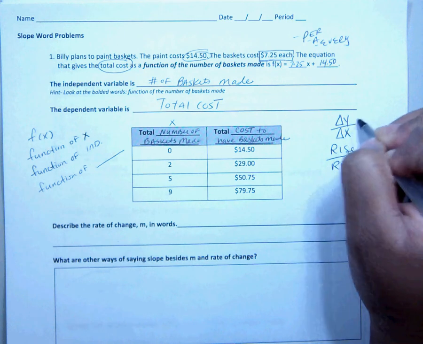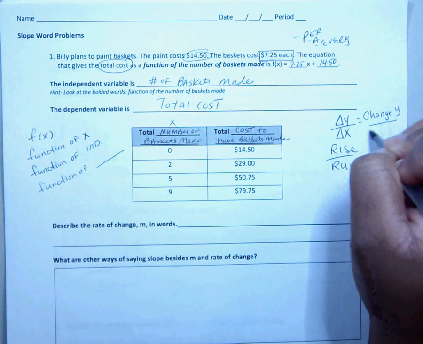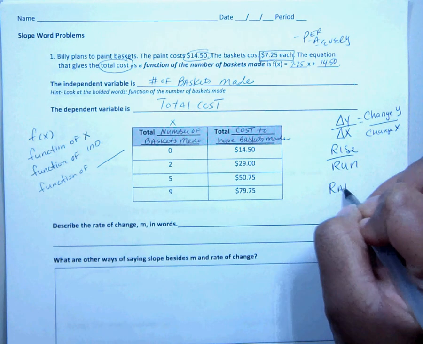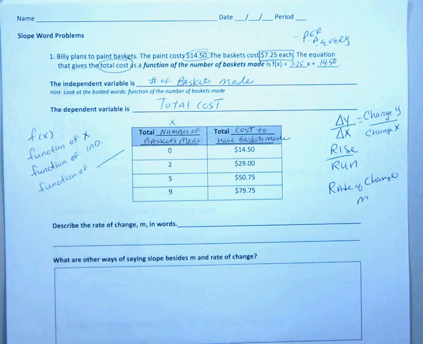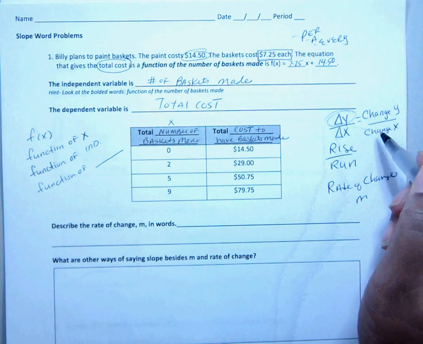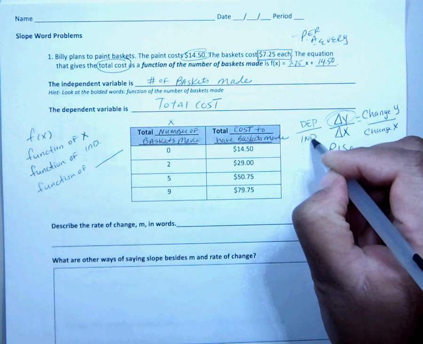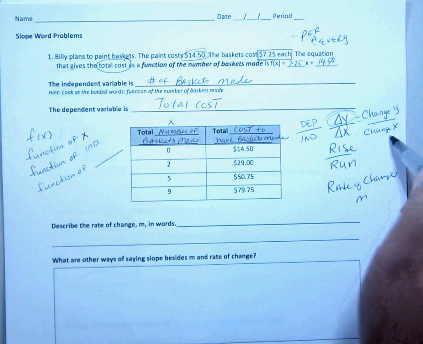Delta y over delta x is the same thing as saying the change in y over the change in x. We know that it is rate of change. We know that it is M. But the biggest thing about describing the slope in words is taking whatever the y is, the dependent variable, and putting it over the independent variable, y over x, rise over run, change in y over change in x.